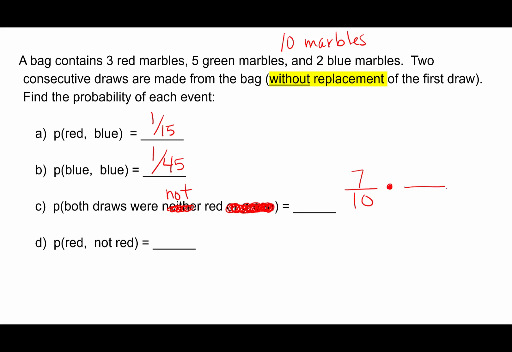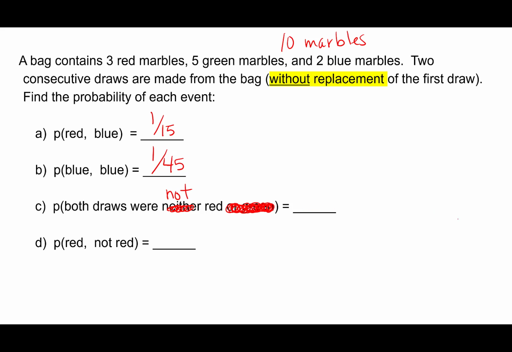Because that non-red marble is out, there's only a total of 9, so that goes in our denominator. And because it's a non-red marble, we don't know if it's green or blue, but it really doesn't matter. We just now know that 6 out of the remaining 9 are not red. And so let's multiply that together to get 42 over 90, which simplifies to the fraction 7/15.